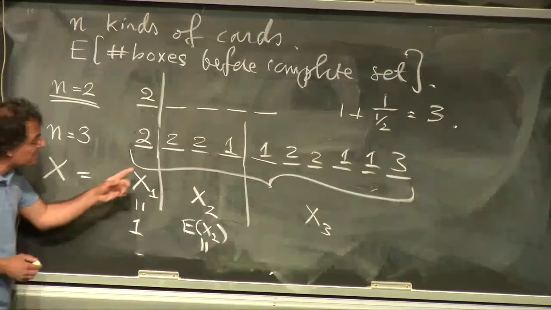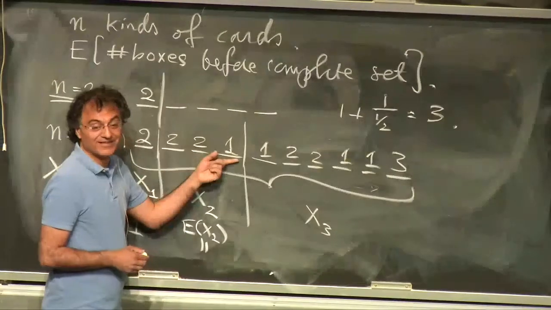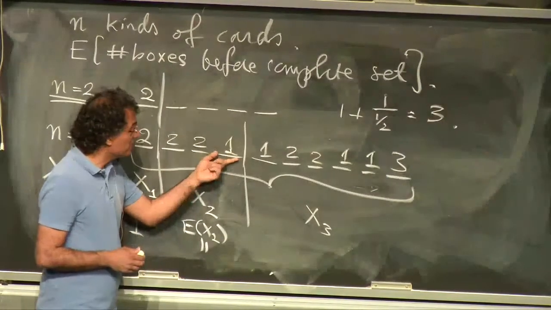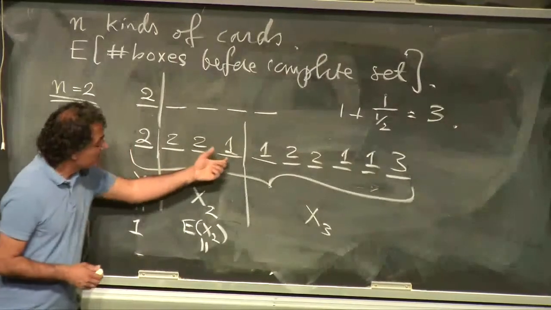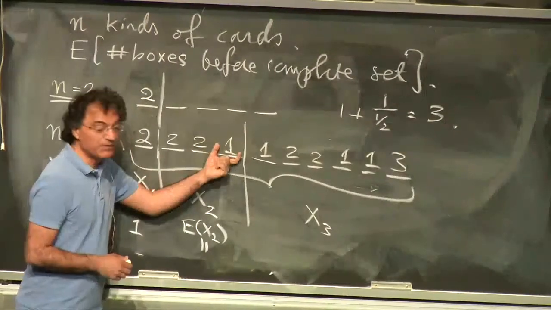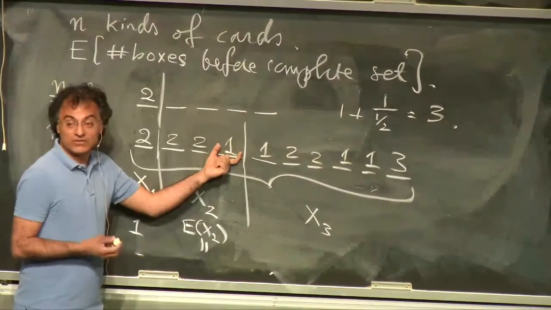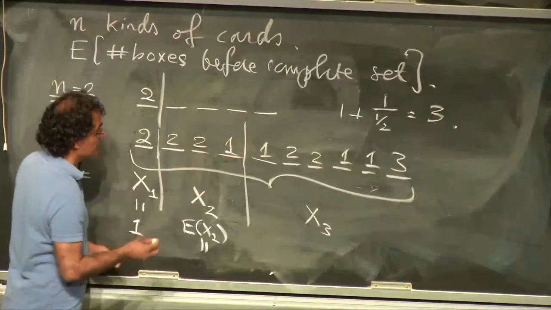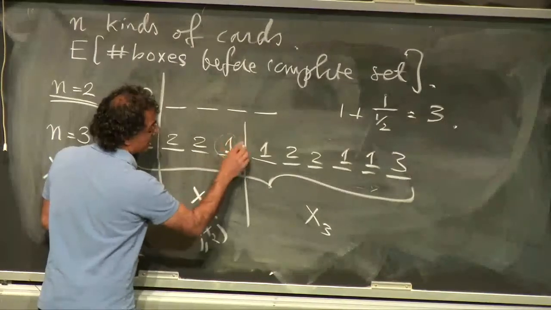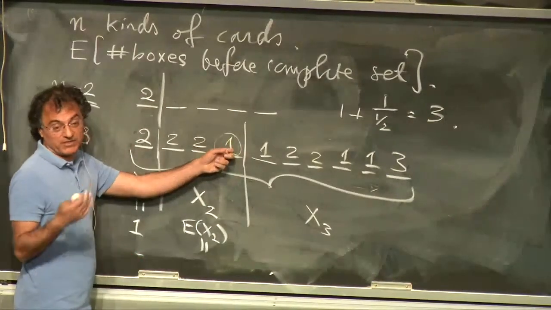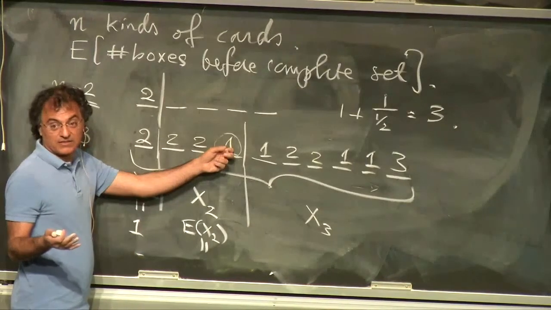Three. Oh, why is it 3? I'm sorry? 1 over 1/3. So why is it? Okay, so what are we looking for here? 1 or 3, right? So we'll say we have a success if we got 1 or 3. Okay, what's the probability of a success?